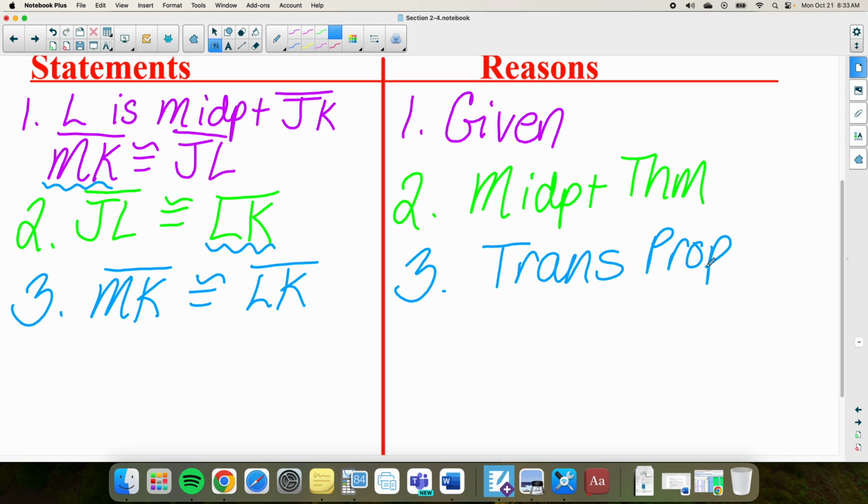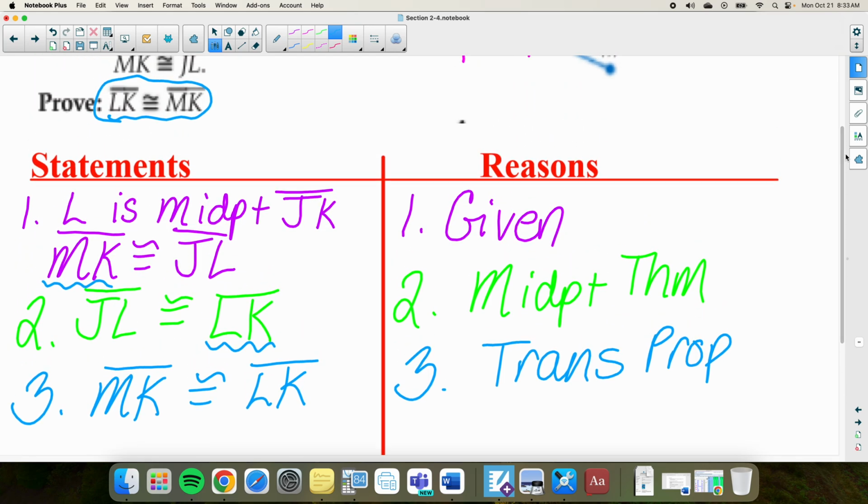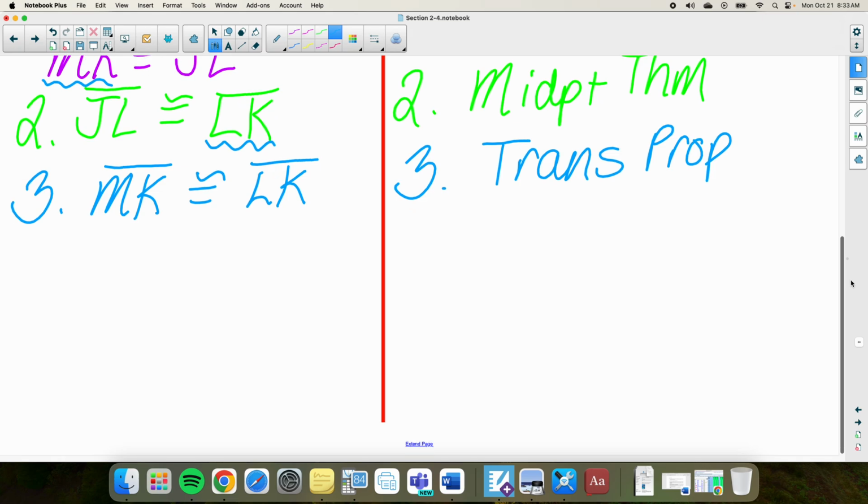Okay, now, if you look up at what we want to prove, isn't this just in the opposite order as this one? Do you remember what I said we call it when we just switch the two sides? That one is symmetric, okay?